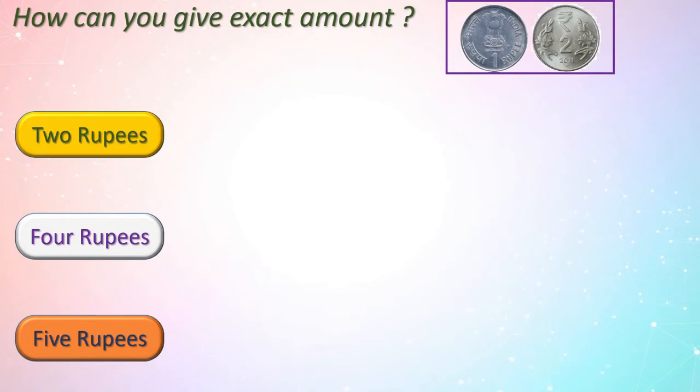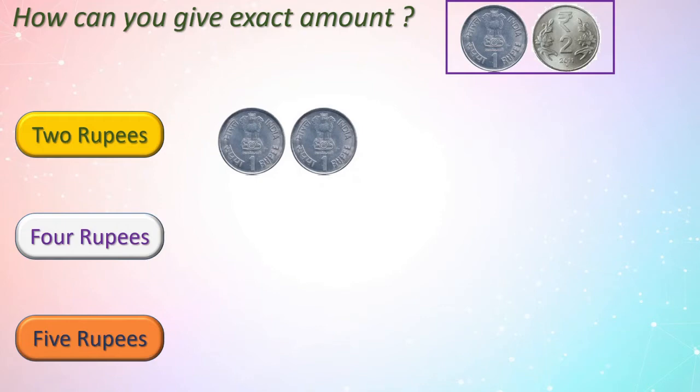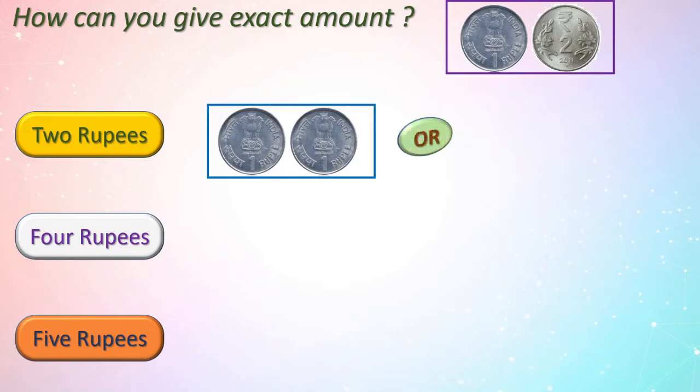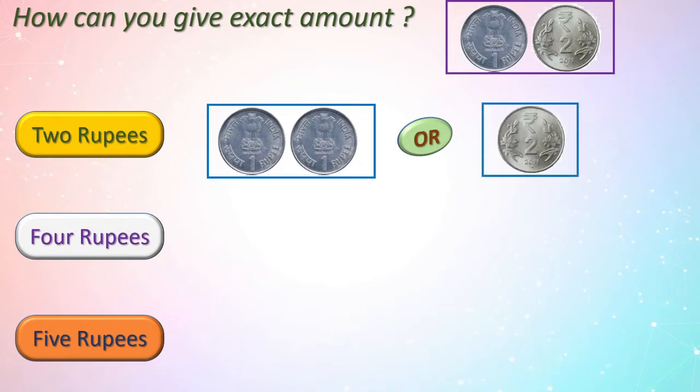He wants to purchase a pencil. Then how will you give? Okay. You can give two 1 rupee coins. Right? This became 2 rupees, or in another way you can give one 2 rupee coin. The values are same, that is 2 rupees.